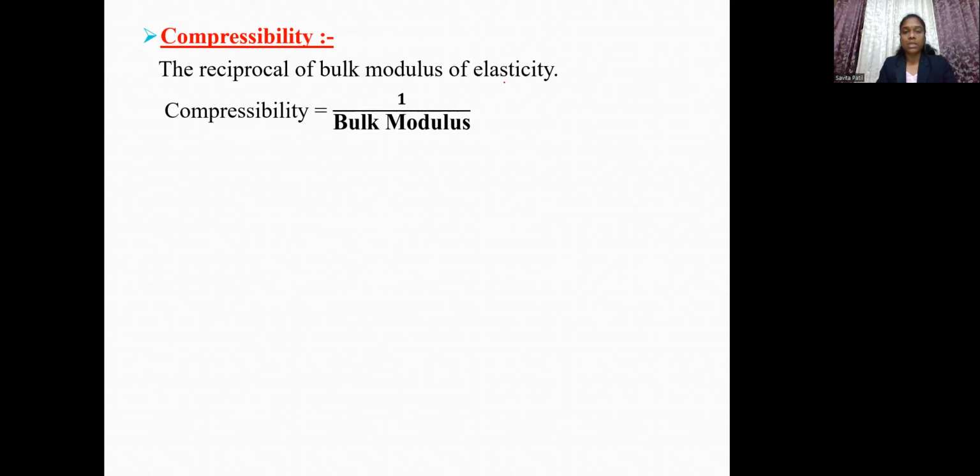We know the equation for bulk modulus. It is K is equal to V into dP divided by dV. Substituting this equation in this equation, we get the equation for compressibility as dV upon V into dP.